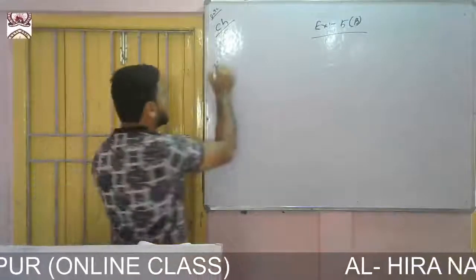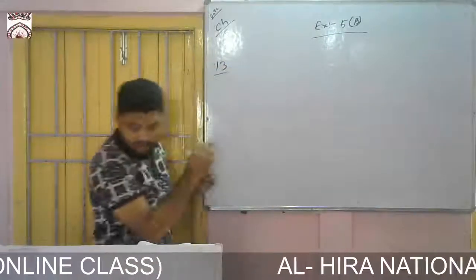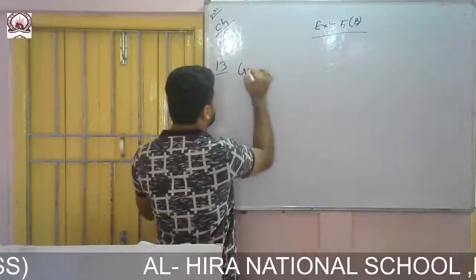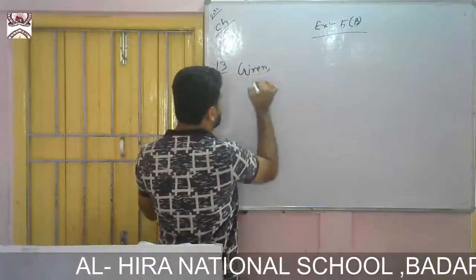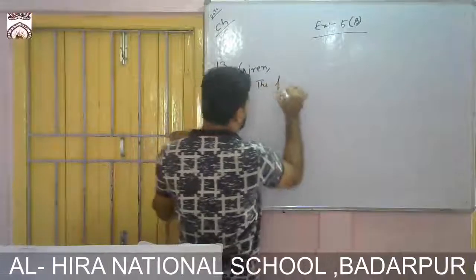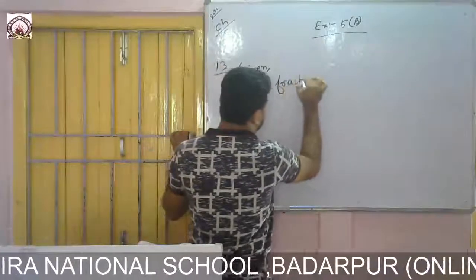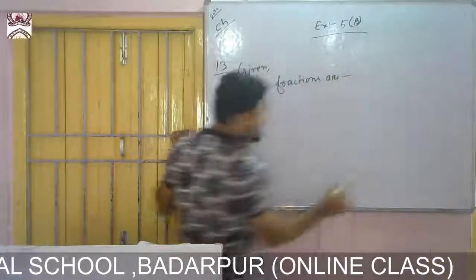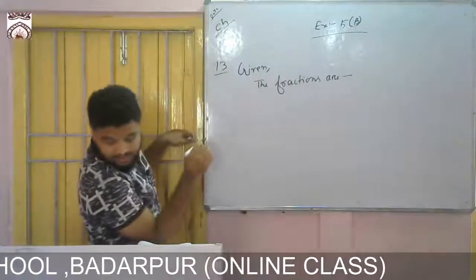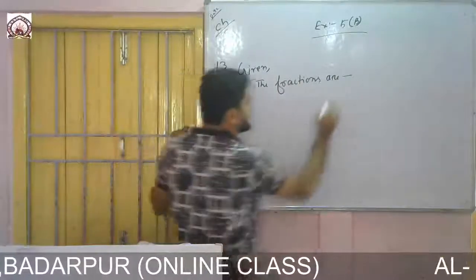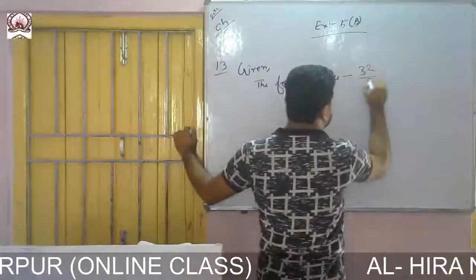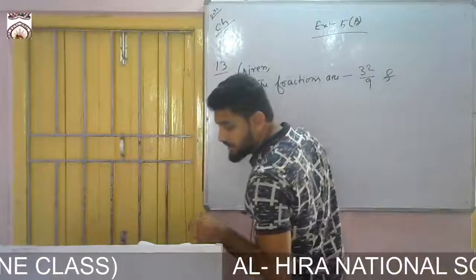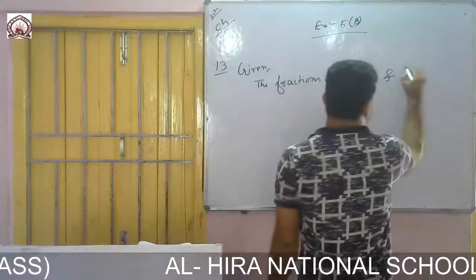Given the fractions are 3 2 by 9 and 3 7 by 9.